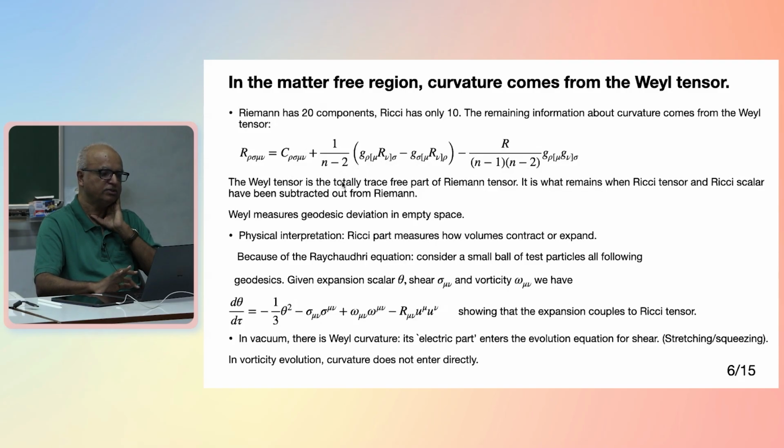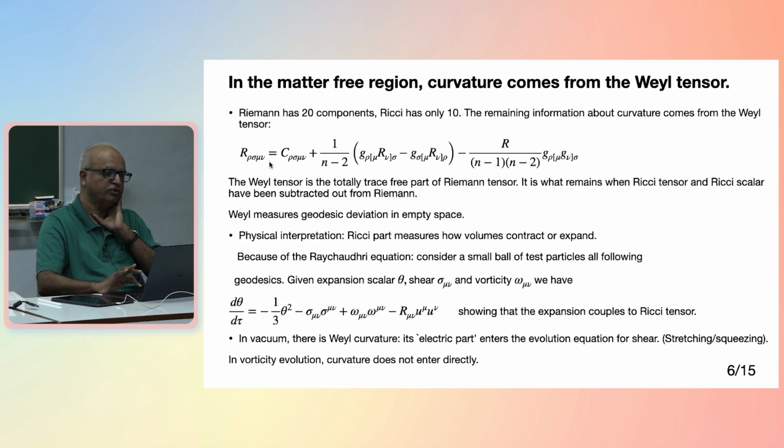The Weyl tensor is the totally trace-free part of the Riemann tensor. What does that mean? It is what remains when the Ricci tensor and Ricci scalar have been subtracted out from Riemann. I spent some time answering Rajesh's question about interpreting Ricci, so we do that now.